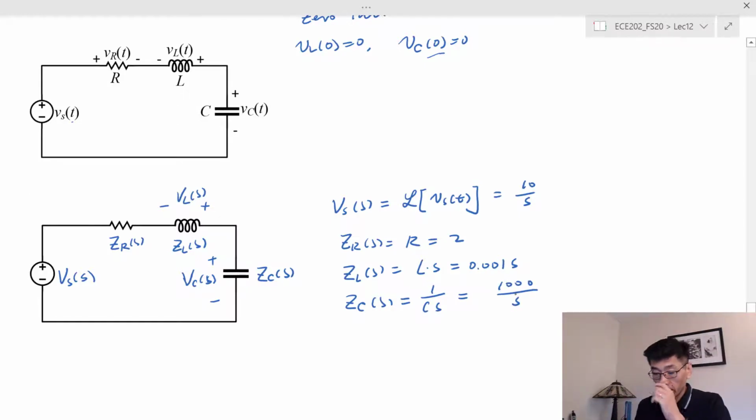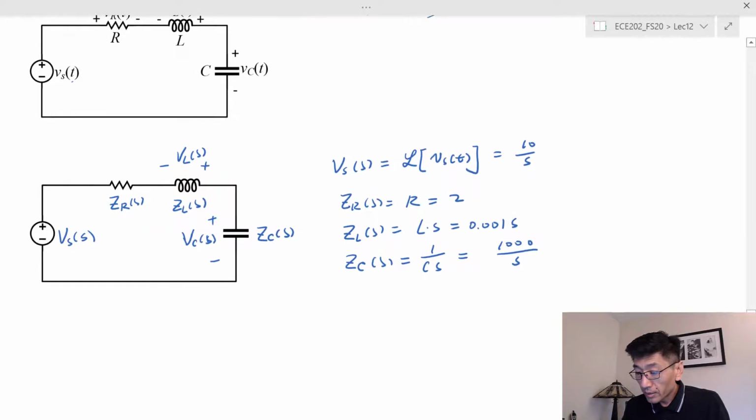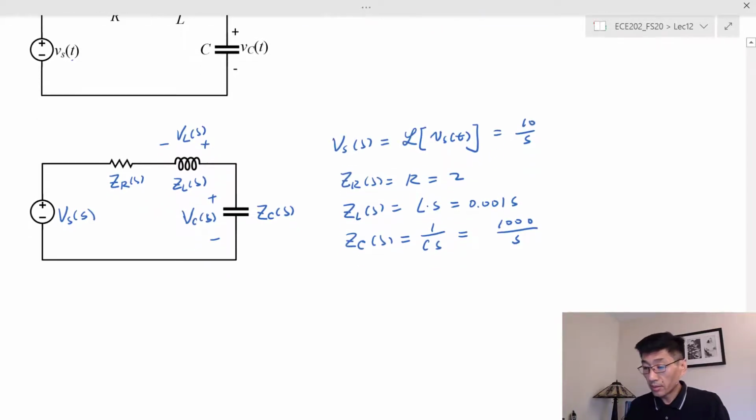So that's the element in the Laplace domain, right?